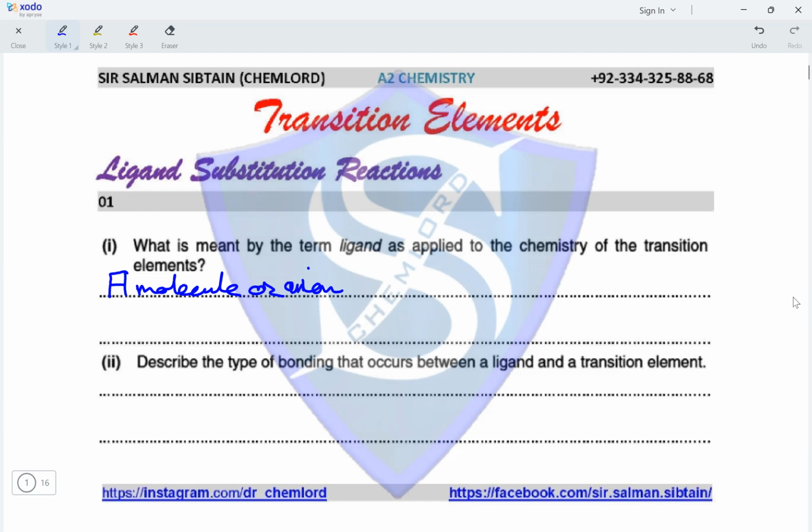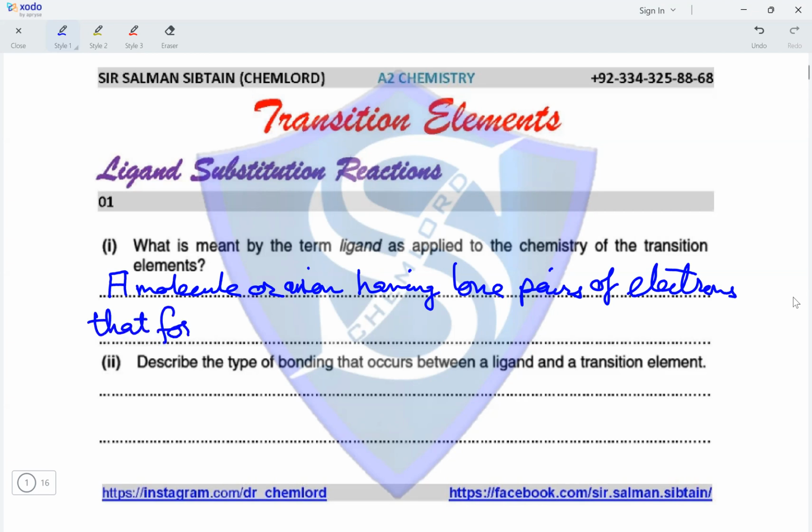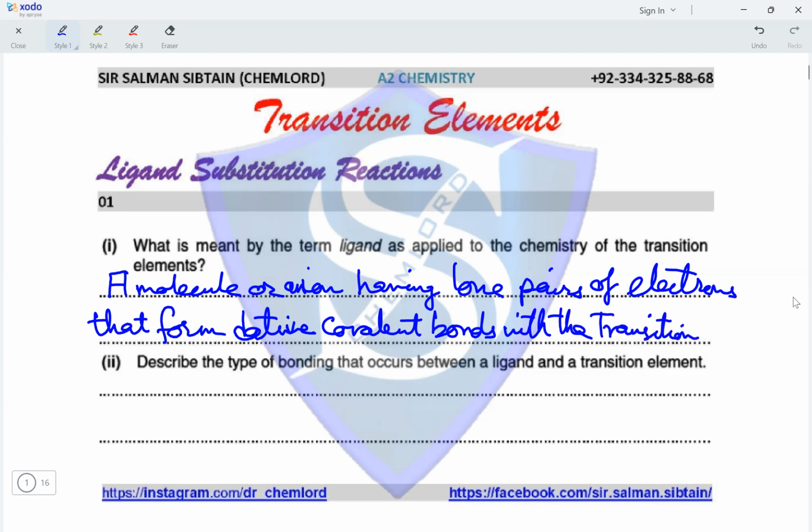In fact, it can be an anion only, so an anion having lone pairs of electrons that form dative covalent bonds with the transition metal ion. So this is the definition of a ligand.